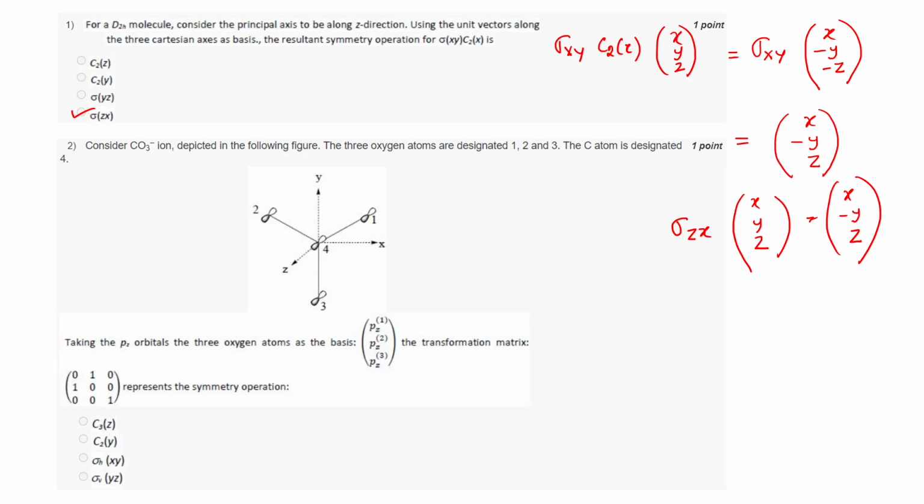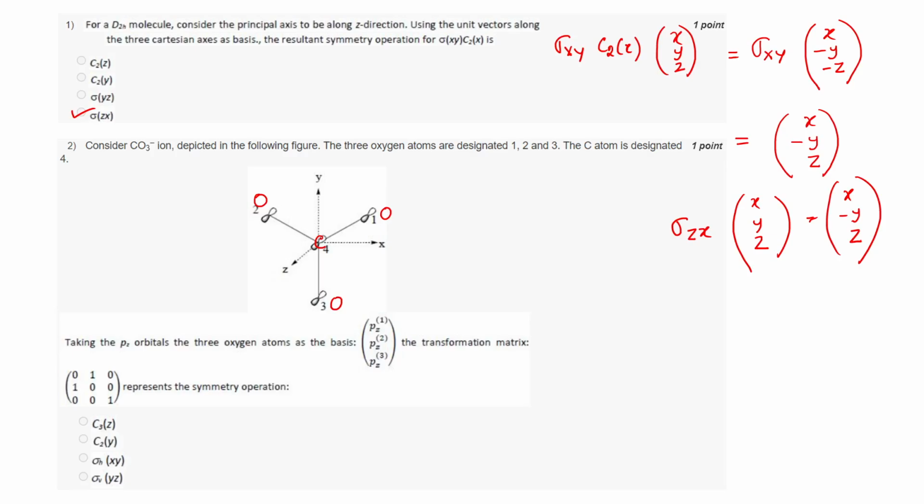Consider the carbonate ion CO3 minus, the one I just told you. So your carbon is there in the center and these are the three oxygens. Now these three oxygen atoms are designated as 1, 2 and 3 and carbon is designated as 4.